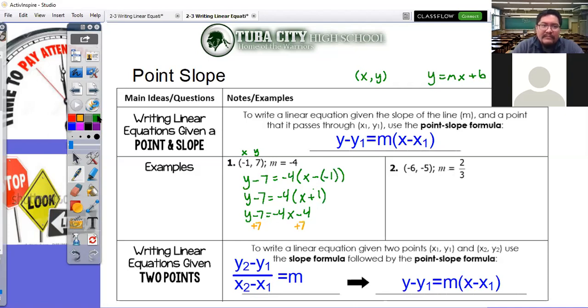Now I'm just going to use some basic algebra here to get that 7 by itself. So in this case, I'm just going to add 7 to both sides, and I'm trying to make it look like y equals mx plus b. So y equals -4x plus 3, which does look pretty much exactly like what we're trying to get.